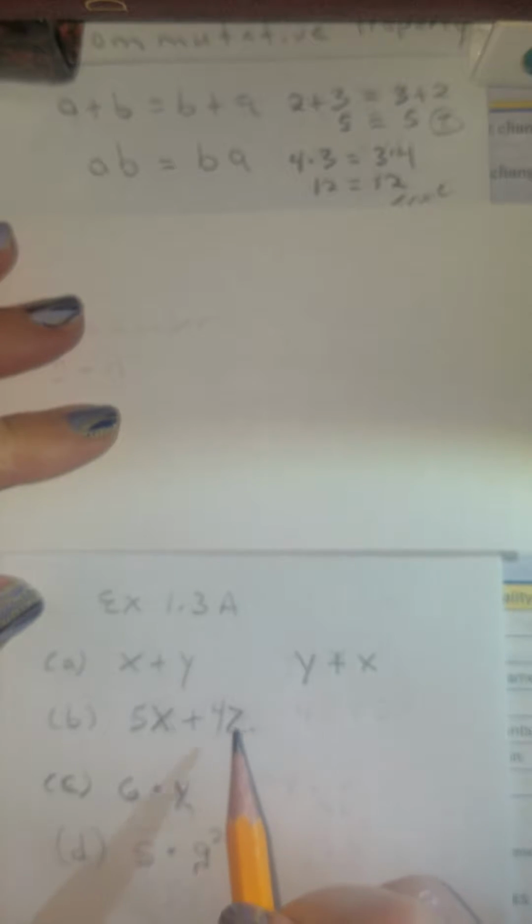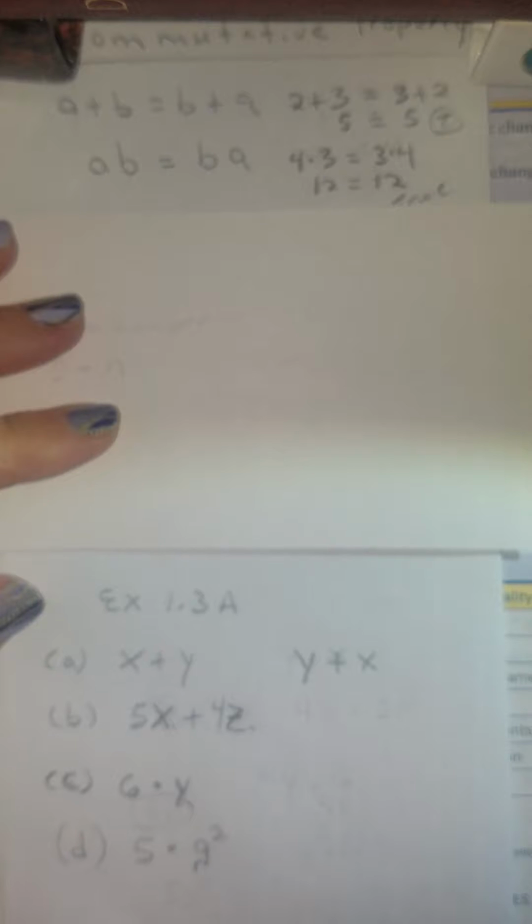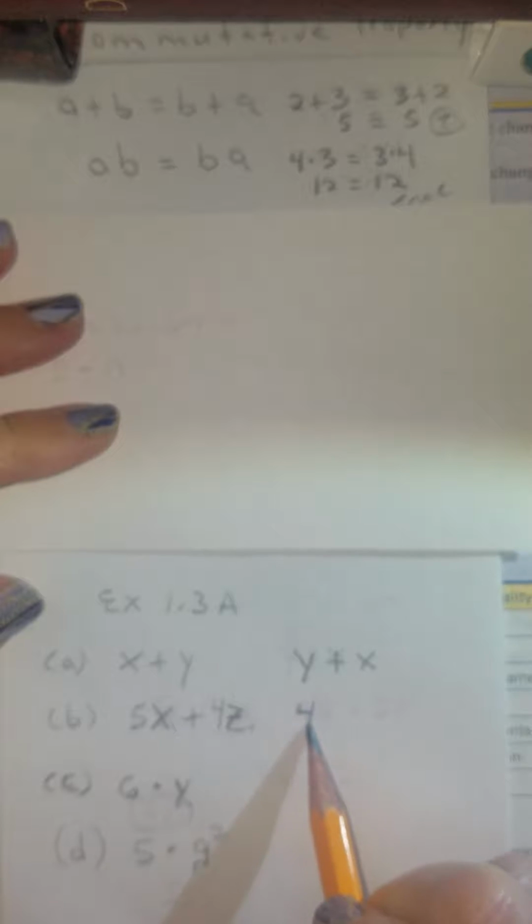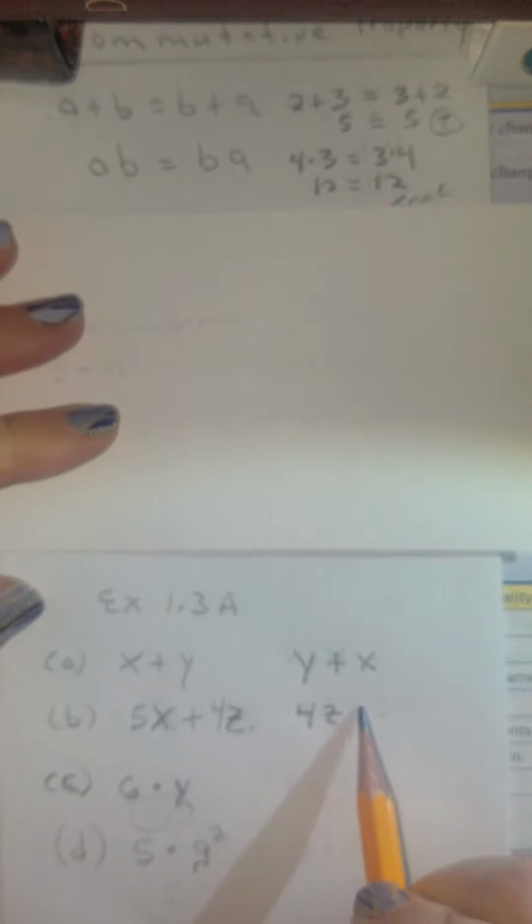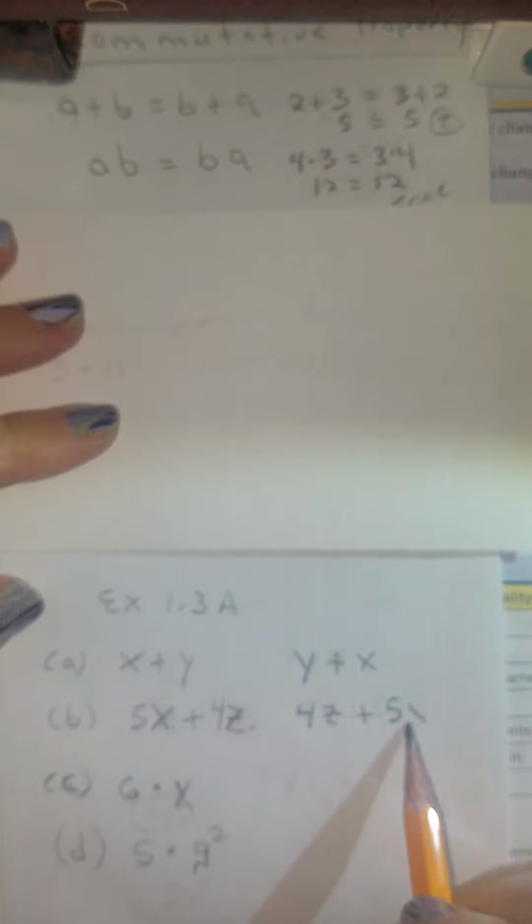Now notice I'm going to put a line through the z. Mathematicians do that because a lot of times z will look like 2 when you get a little sloppy in your writing. So if you see someone put a line through that, that means it's a z, not a 2. But we want to do the commutative property, so that means switch the order because they're adding. So I can say 4z plus 5x.